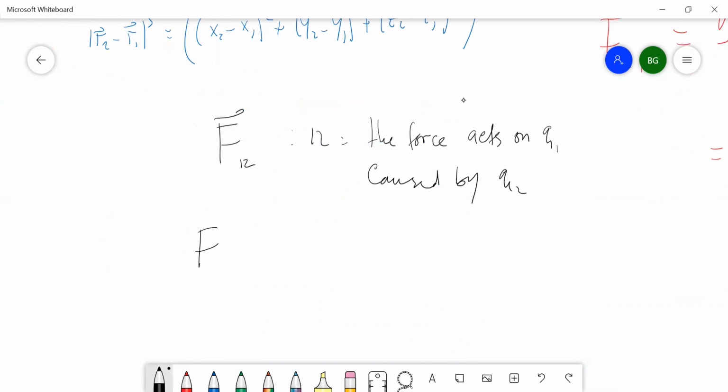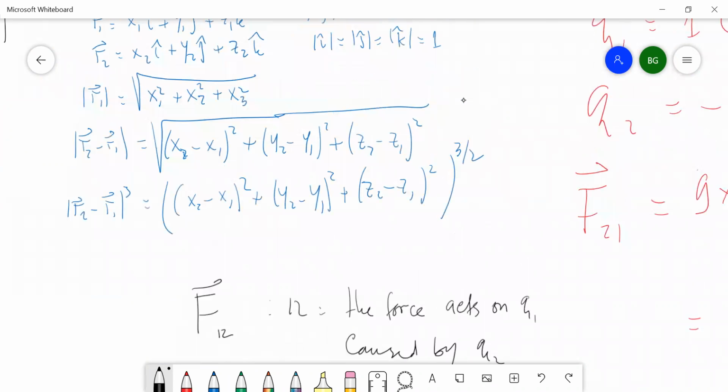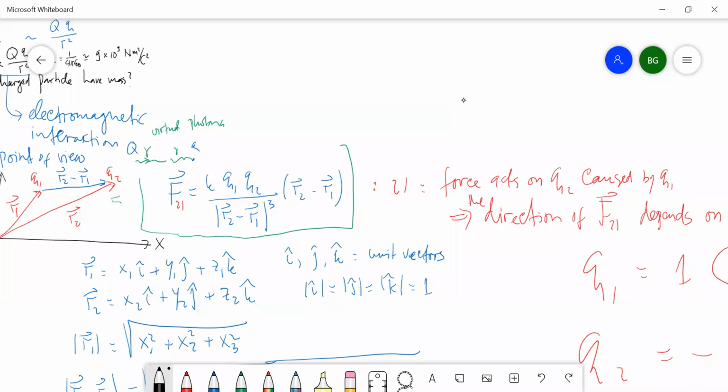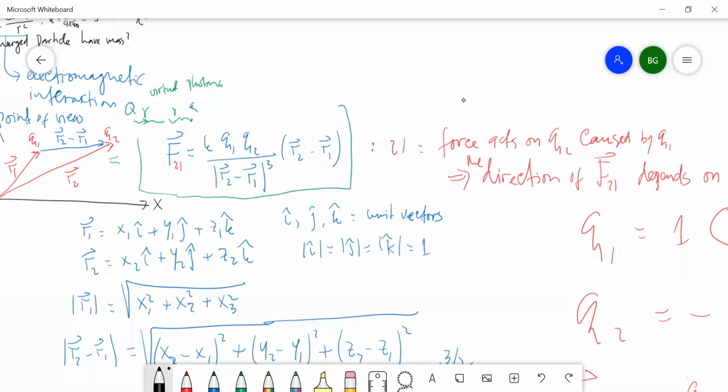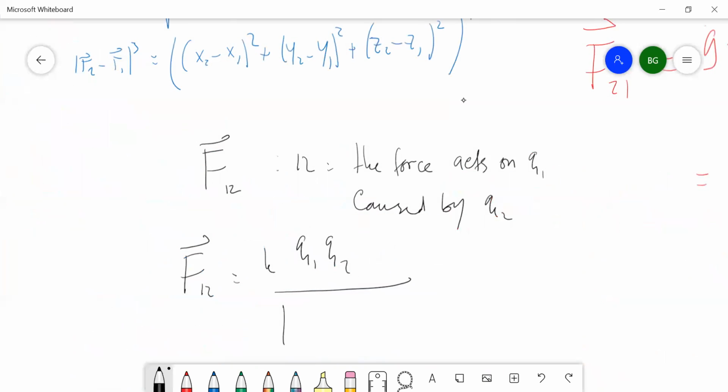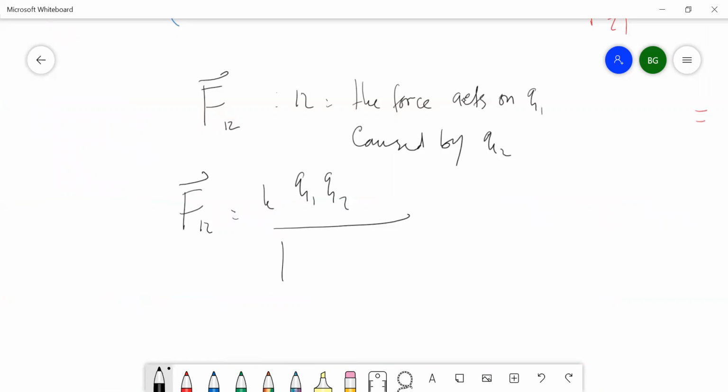F12 has the same Q1, Q2 over R1 minus R2 to the power 3.